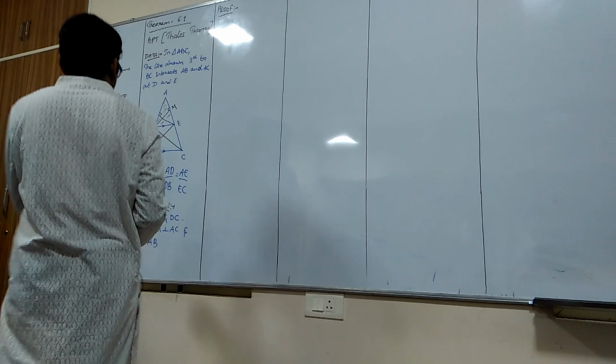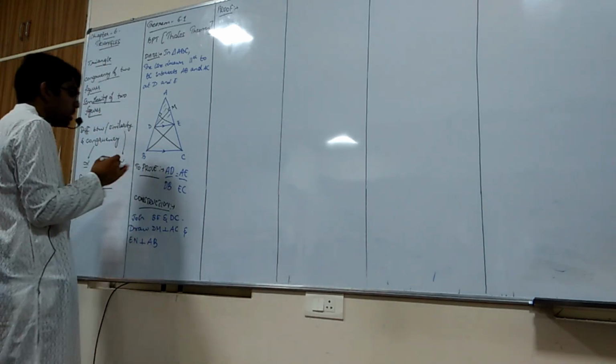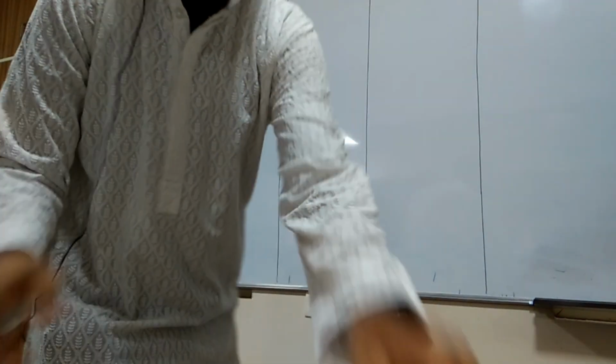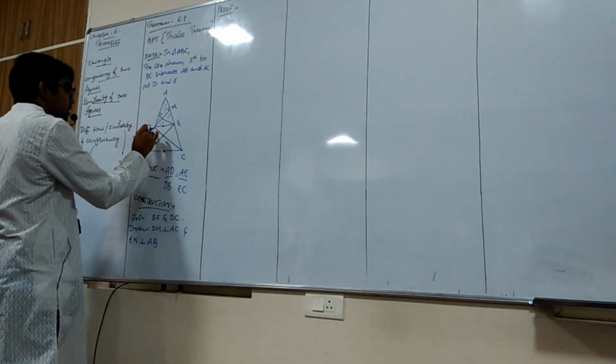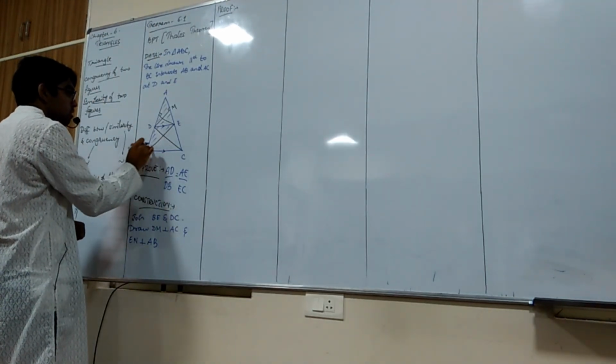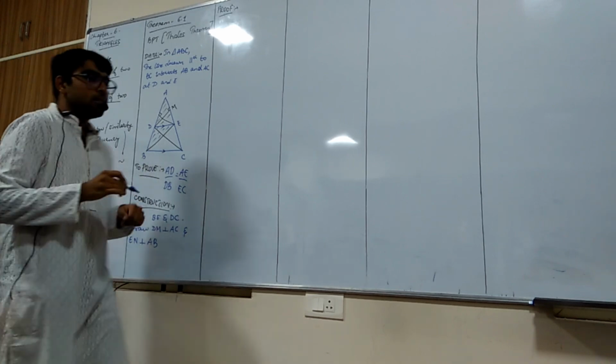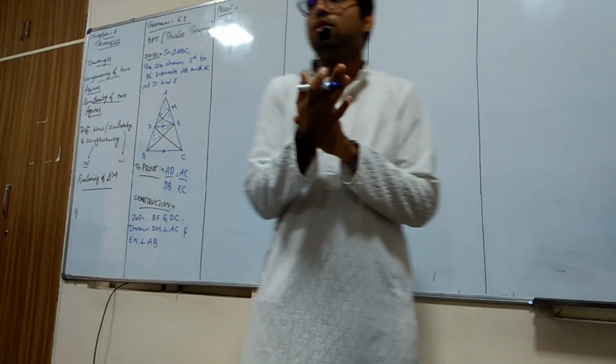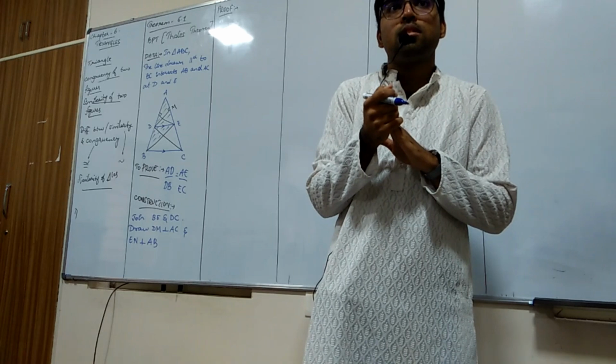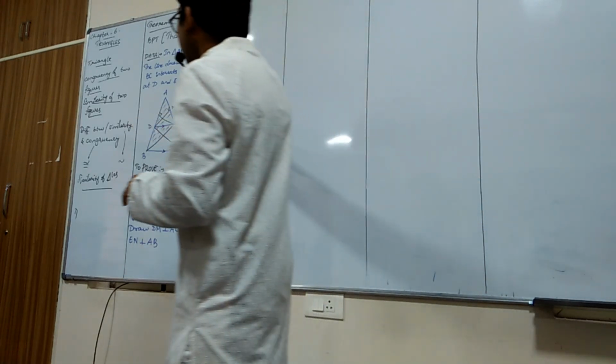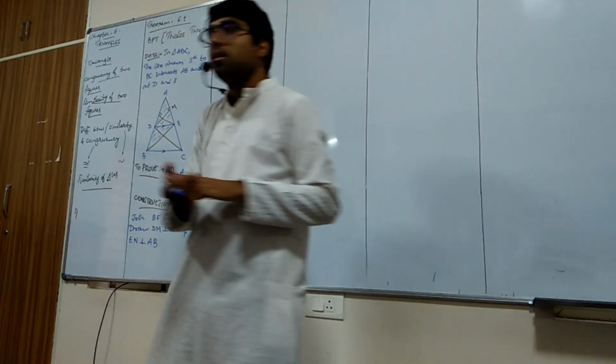What is BDE? BDE is this triangle. Understand? The blue triangle is shaded black for an extent. The upper triangle and this bottom lower triangle.